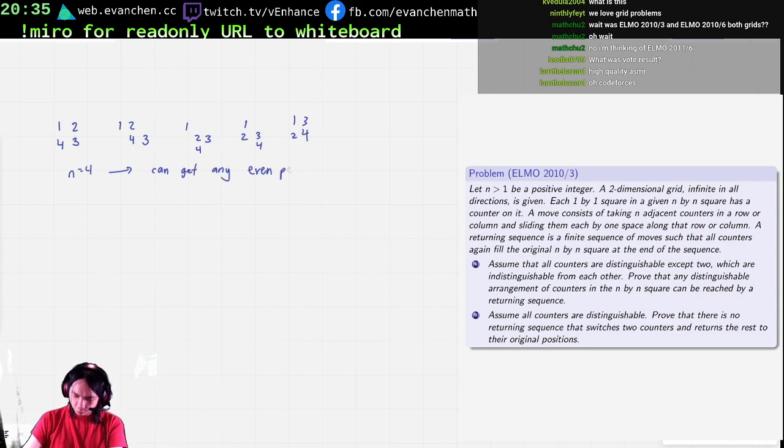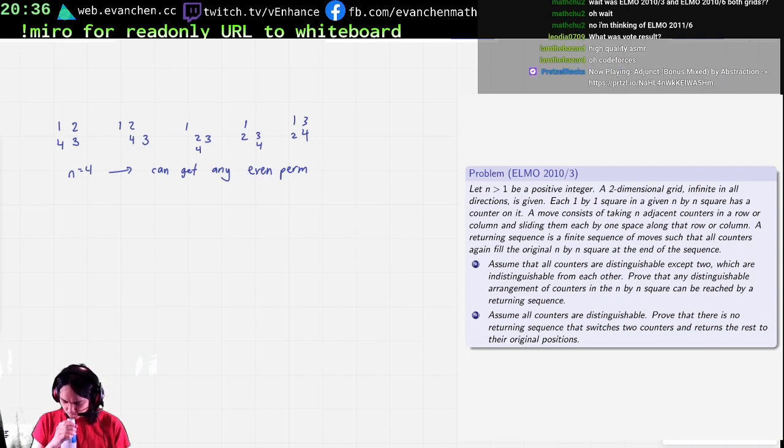So now I just want to show the permutation is always even. Does this just follow for dumb parity reasons? It has to be permutation parity.